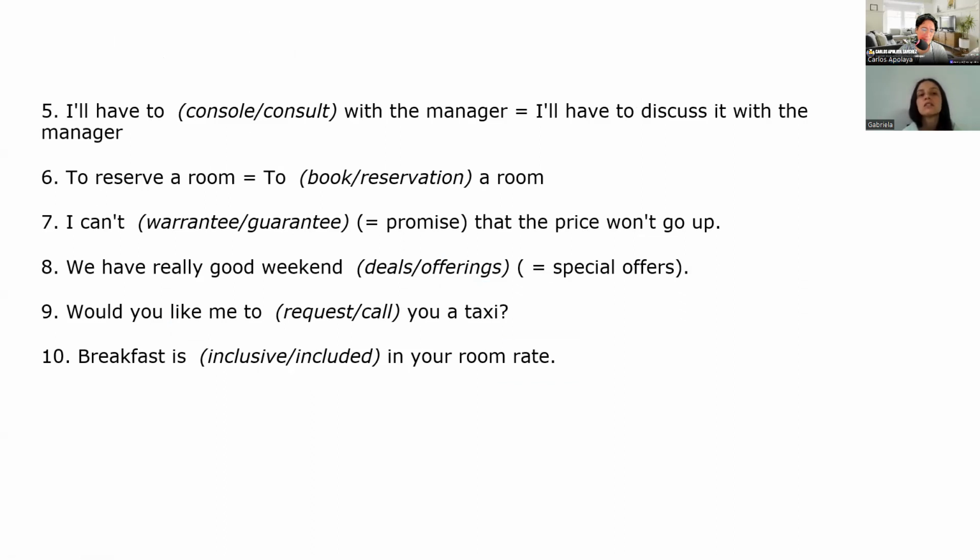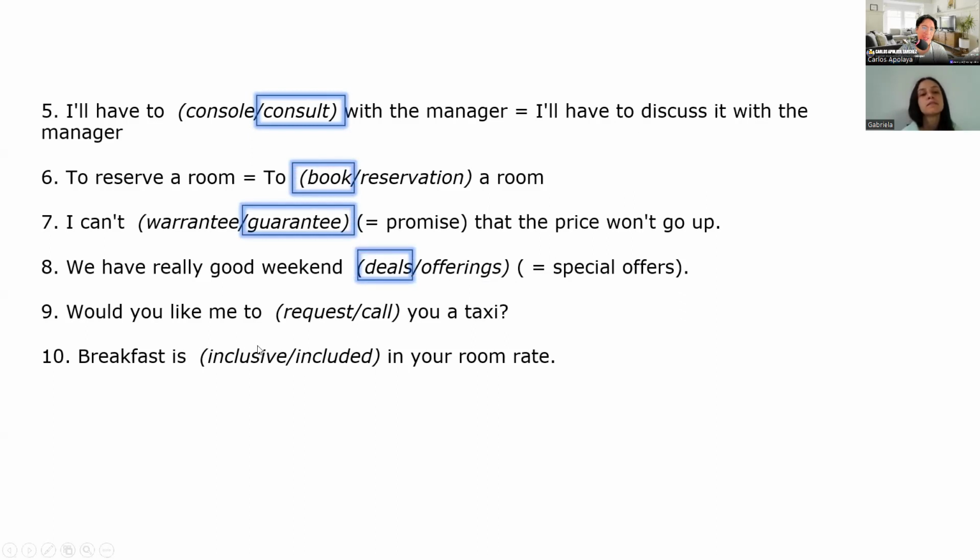Consult. To reserve a room, to book a room, or to reservation a room. Book. To book a room. I can warranty or guarantee. Guarantee. We have really good weekend deals or offerings. Deals. Special offers like deals.